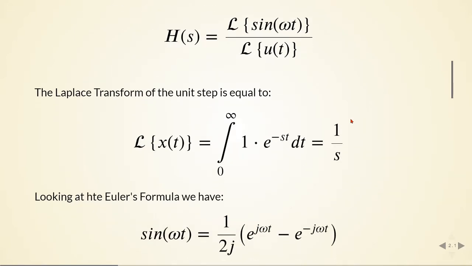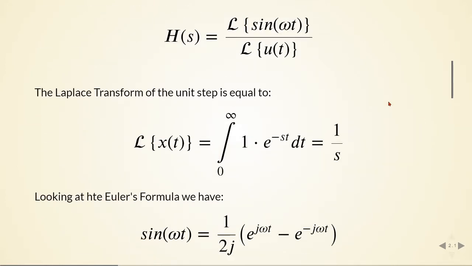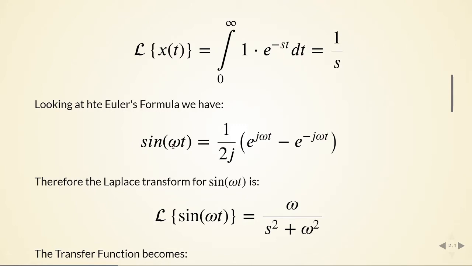To calculate the Laplace transform of the sine wave, here we will make use of Euler's formula, and we know that the sine function can be decomposed into these two exponentials, one with a positive and one with a negative sign.